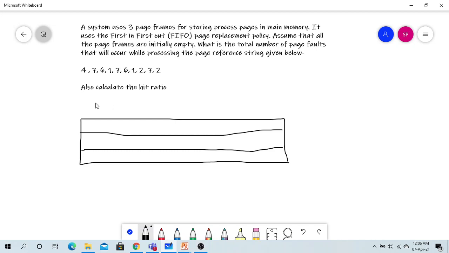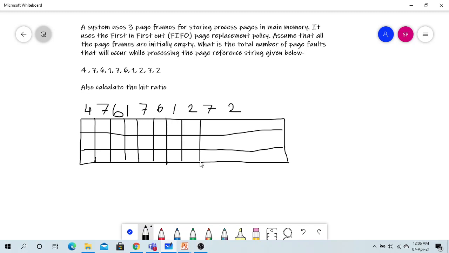We will write this string here: 4 7 6 1 7 6 1 2 7 and 2. So this is the reference string, and we are going to load these pages into the frames with the help of first in first out page replacement policy.